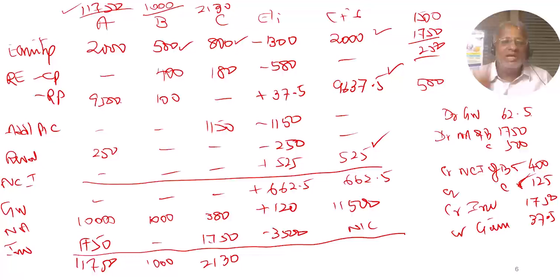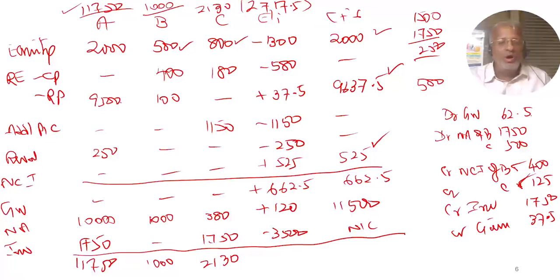Now in the elimination column, that is the adjustment column, some figures are negative, some are positive. Let's take all these together: 1300 negative, then 580 negative, then 37.5 positive, then 1150 negative, then 250 negative, then 525 positive. All that comes to 2717.5 negative.